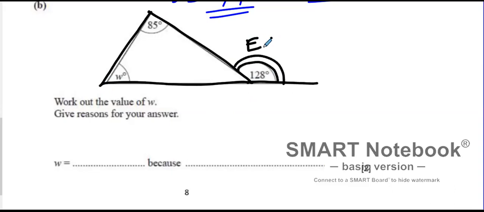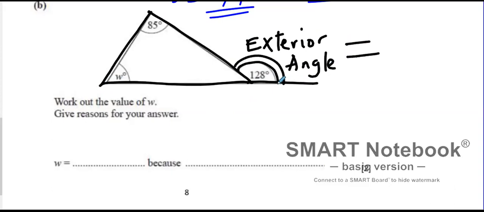This angle here, exterior angle. Now, it was pointed out that an exterior angle of a triangle is equal to the sum of the other two interior opposite angles. So this was discussed in the video part 1.